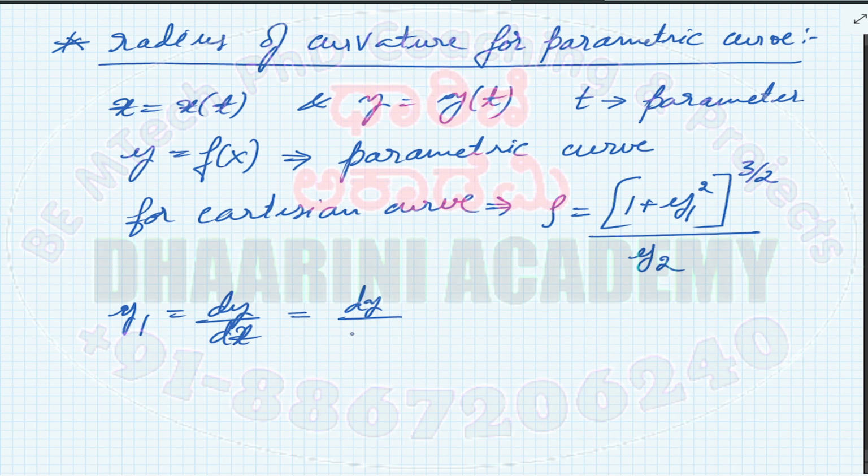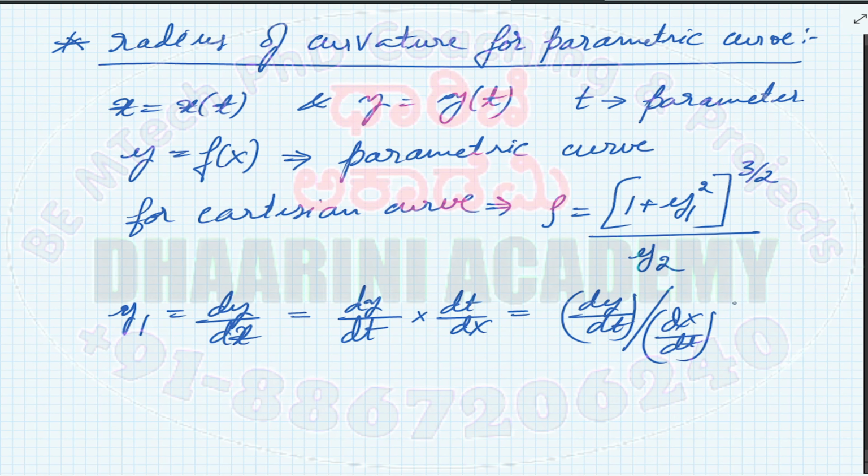So I can do dy by dt for sure. But the next term should be dt by dx, because dt cancels. But I slightly modify this: dy by dt divided by dt by dx. I don't know dt by dx, but dx by dt I know. That's why I'm bringing it into the denominator.